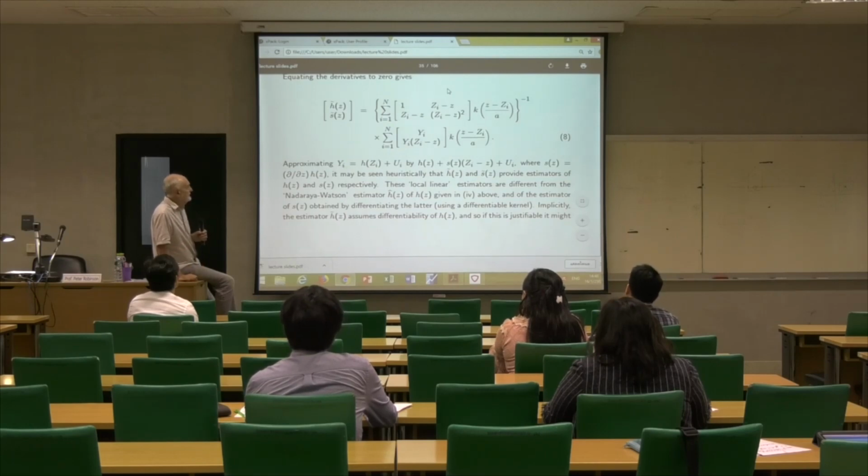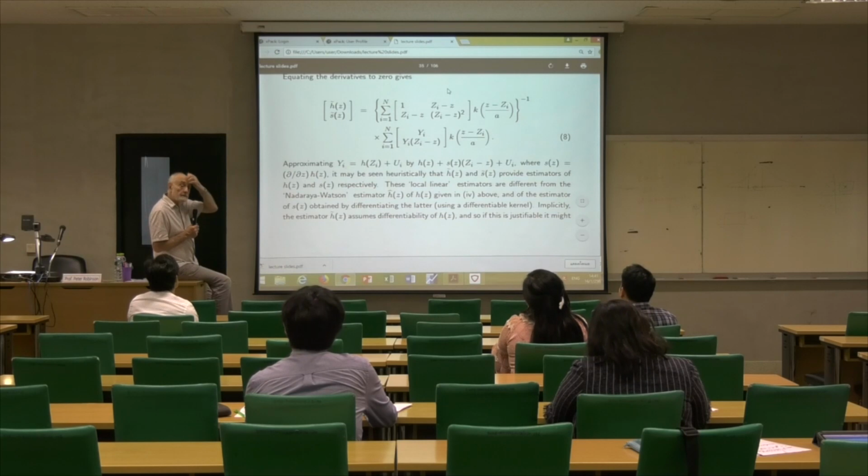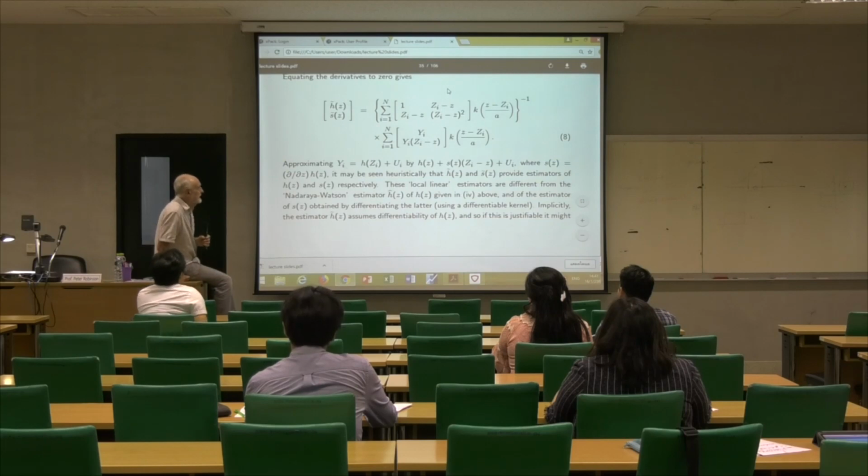So what's happening here is that we're getting, at the same time, so to speak, estimates both of h, the conditional expectation, and of s, its derivative. And this could be quite valuable because it's all in one step.